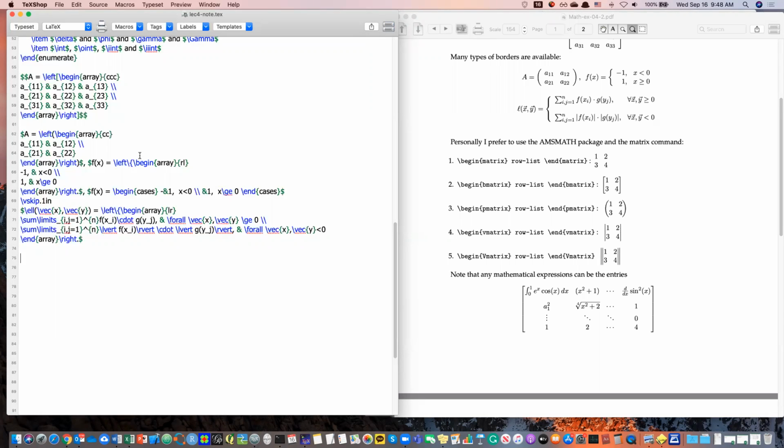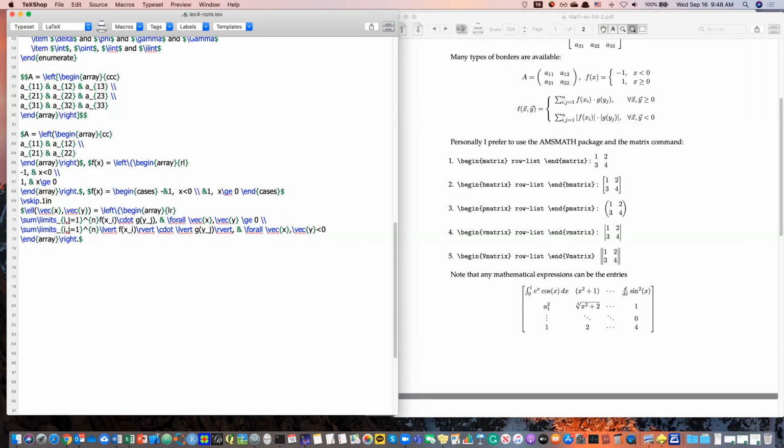Using array to replicate a matrix is a little bit complicated, right? You have to use the left command and the right command and the array. The easier way to replicate a matrix is to just use the matrix environment in the AMS math package.